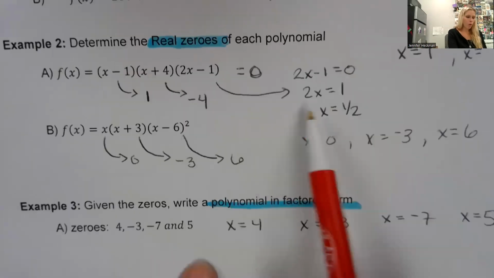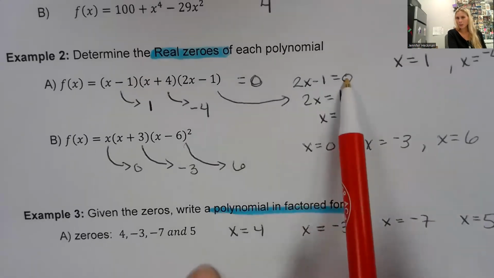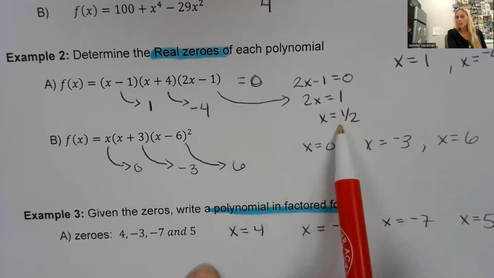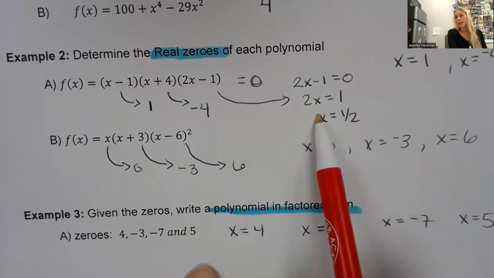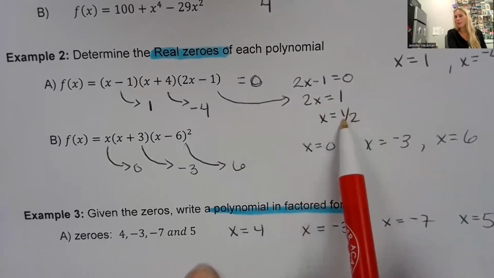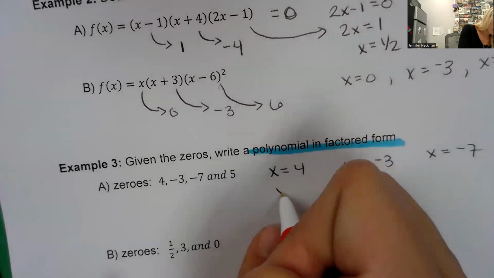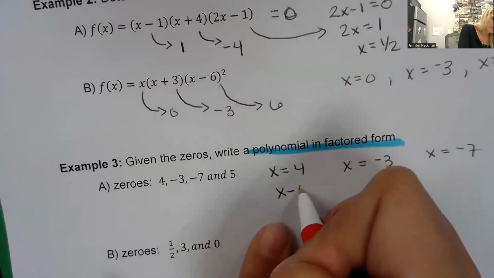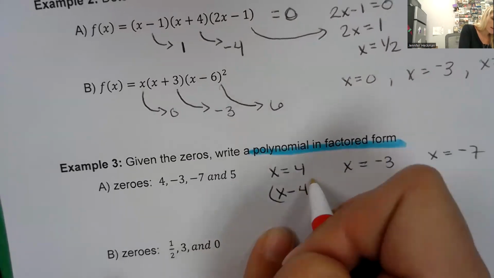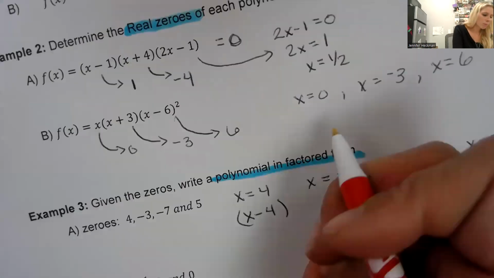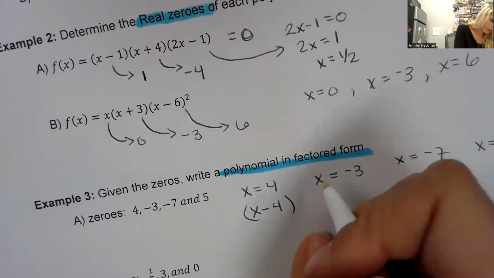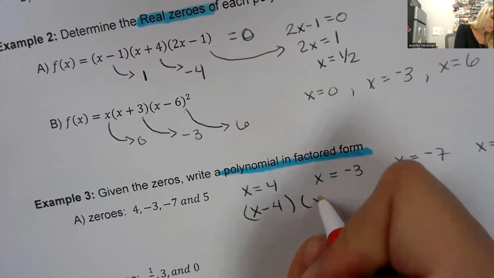Well, remember before we set our equation equal to 0 and then we solve. So if we were going backwards, we would have to move everything onto one side. If we were to move this 4 over, we would have x minus 4, right? If we were to move the -3 over, we would have x plus 3.